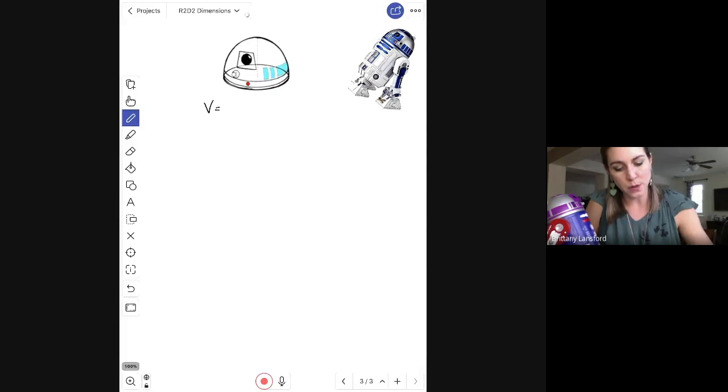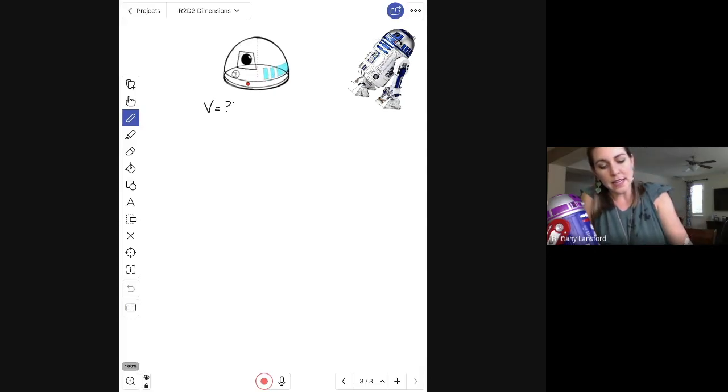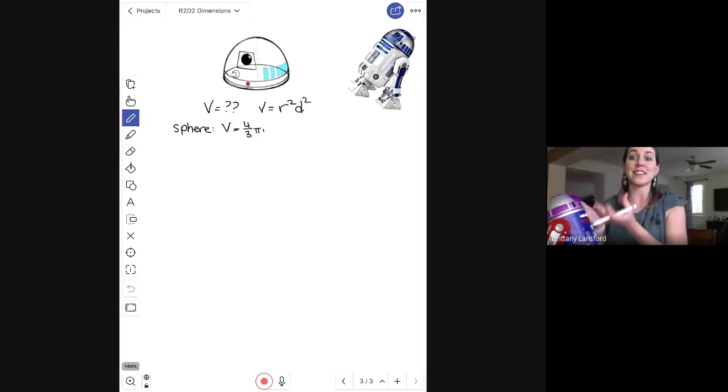And can it equal r squared d squared? That's my question here. We know that for a sphere, the volume is 4/3 pi r cubed. But obviously his head is not the entire sphere, it is half of a sphere.